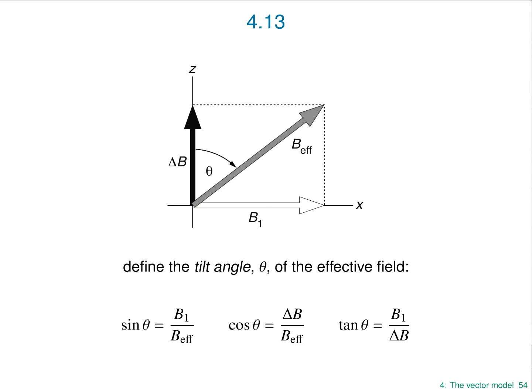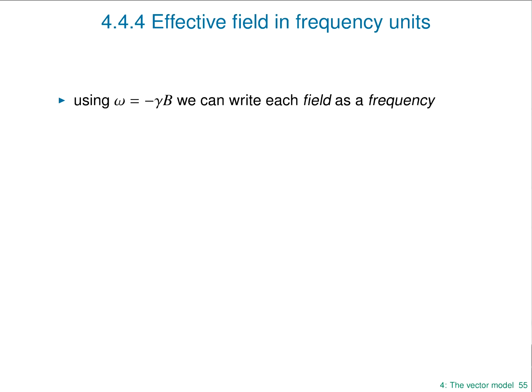Now, it's normal to think of this diagram in a different way. Instead of thinking of it in terms of magnetic fields, to think of it in terms of frequencies. Because you can always interchange between a frequency and a magnetic field using this omega equals minus gamma B relationship.